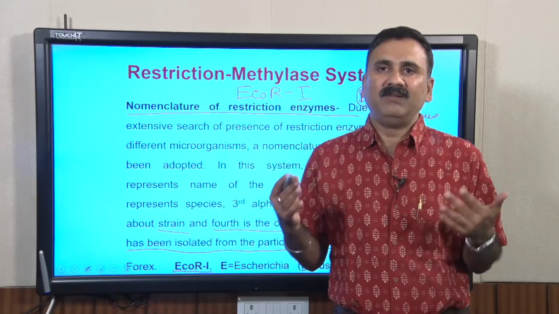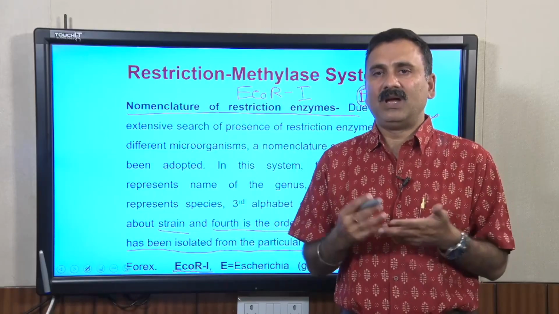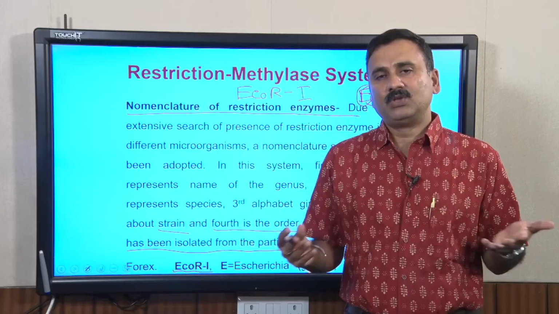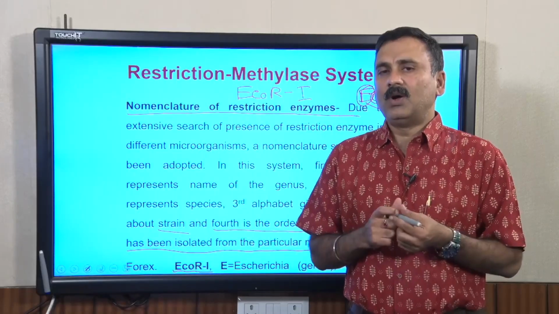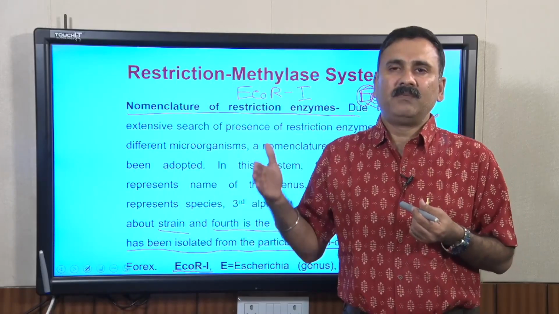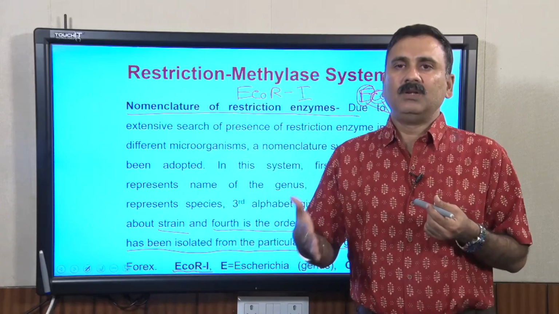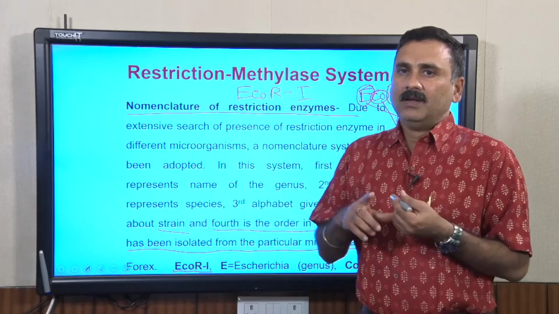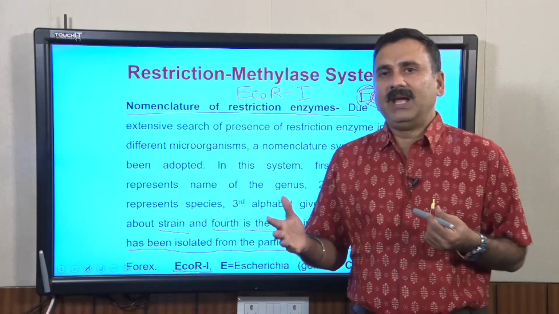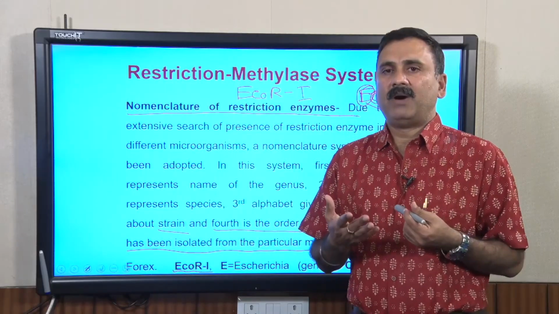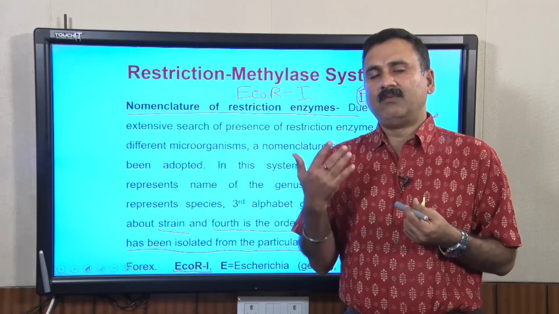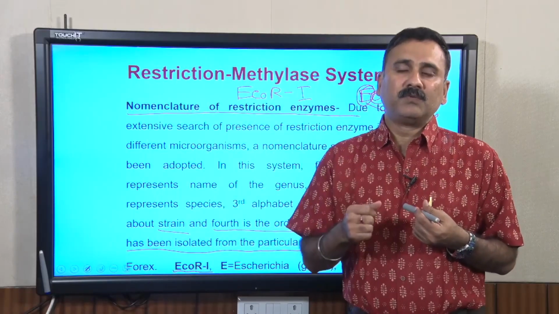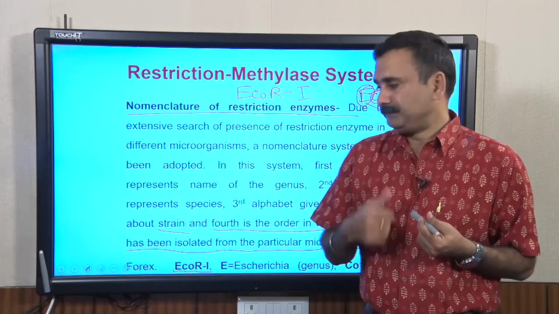For example, you have BamH1, HindIII, XhoI and so on. All these restriction enzymes have a critical pattern in which their name is put, and that helps in getting information about the enzyme and also about the source from which you have isolated the enzyme.